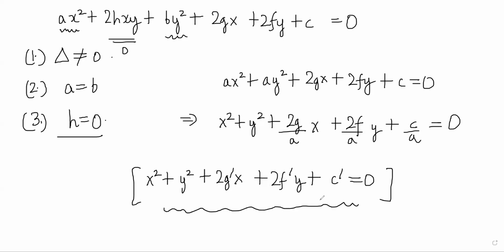So what we will do now is analyze what is the center and the radius of this circle, right? So you can do that in a simple way. You have x square plus y square plus 2gx plus 2fy plus c equals 0. We will do the method of completing the square.